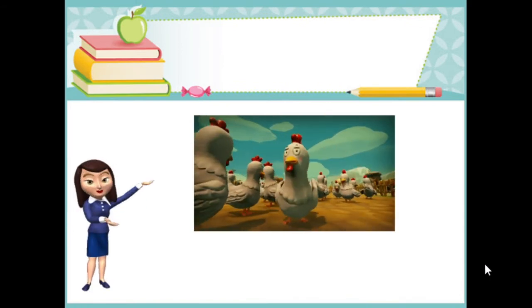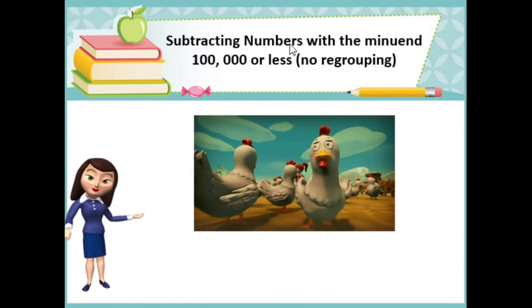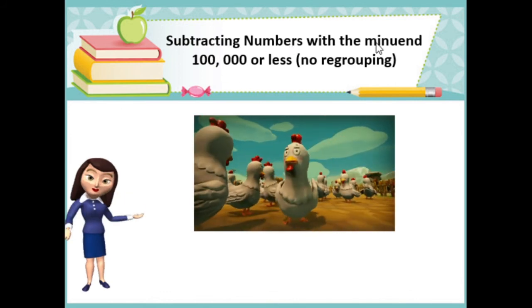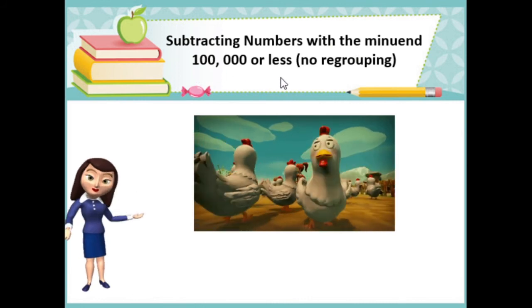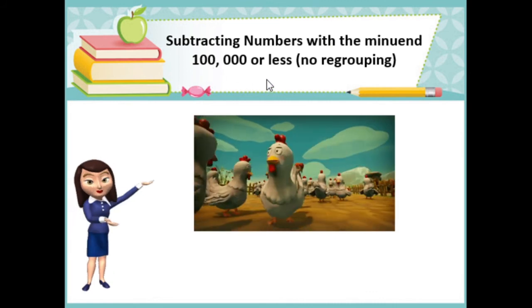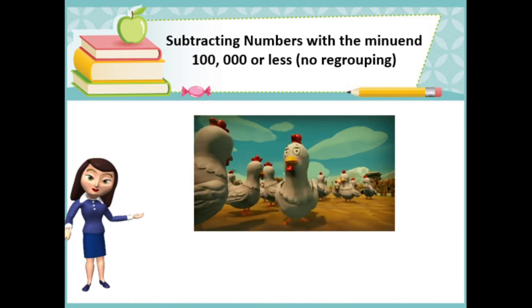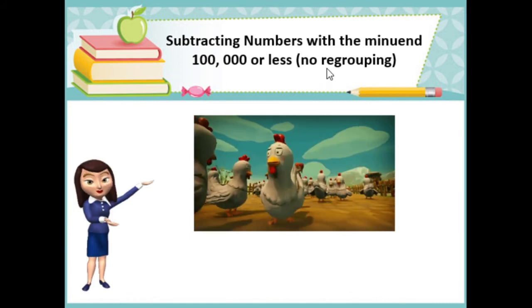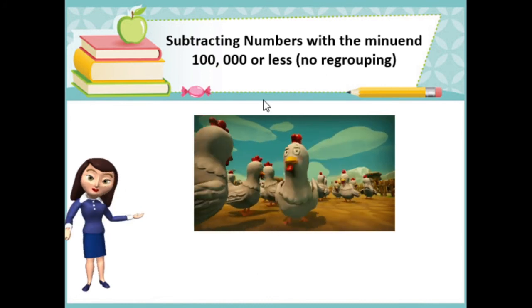Okay, let's go on to subtracting numbers with the minuend of 100,000 or less. So this is a lot quicker than the other one. And still we do no regrouping. Okay.